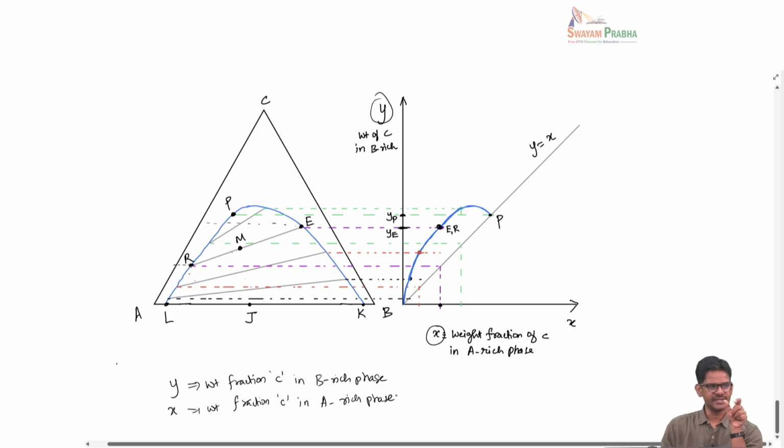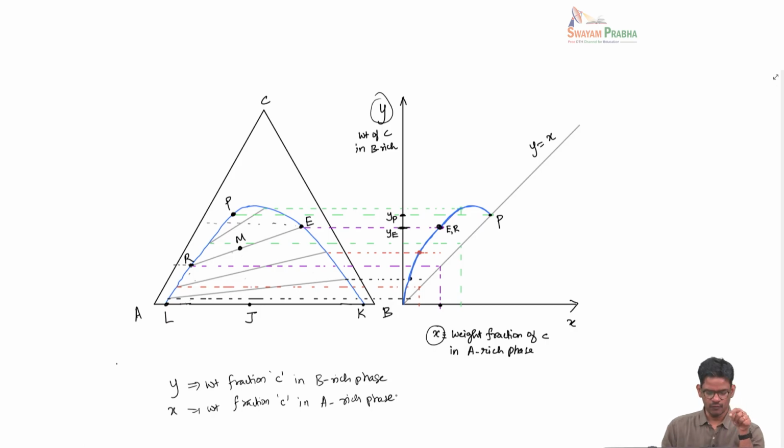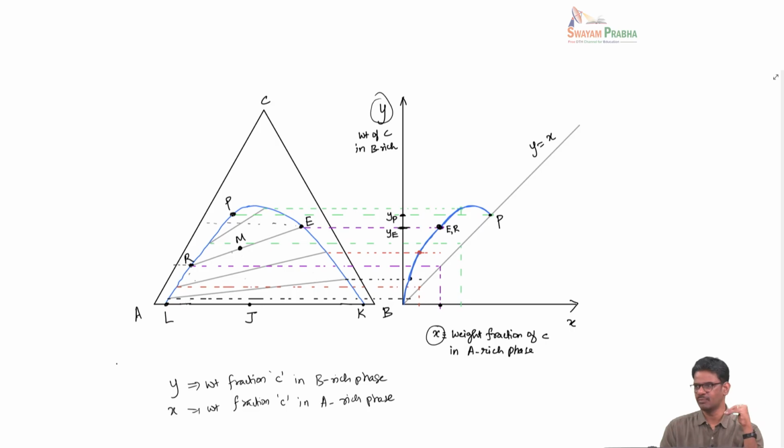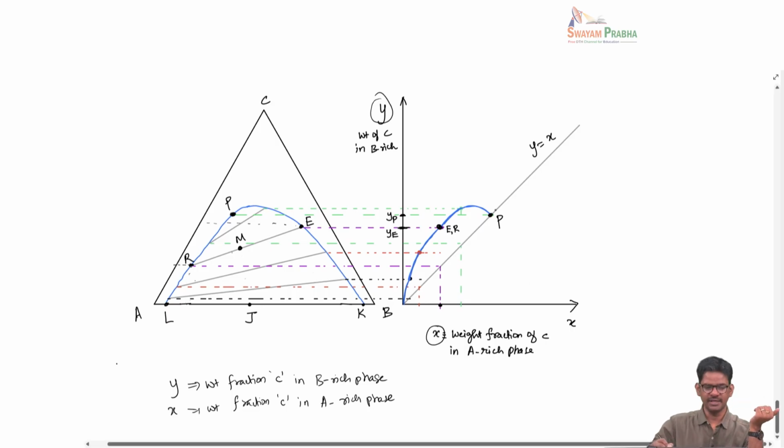So, from each tie line, I read the value of Y and X and I plot Y versus X. So, for this line RE, I find this point. If I look at this point P, at point P, X and Y are the same because it is a plait point. The composition is same in both A rich and B rich phase. So, we find that point P on the 45-degree line.